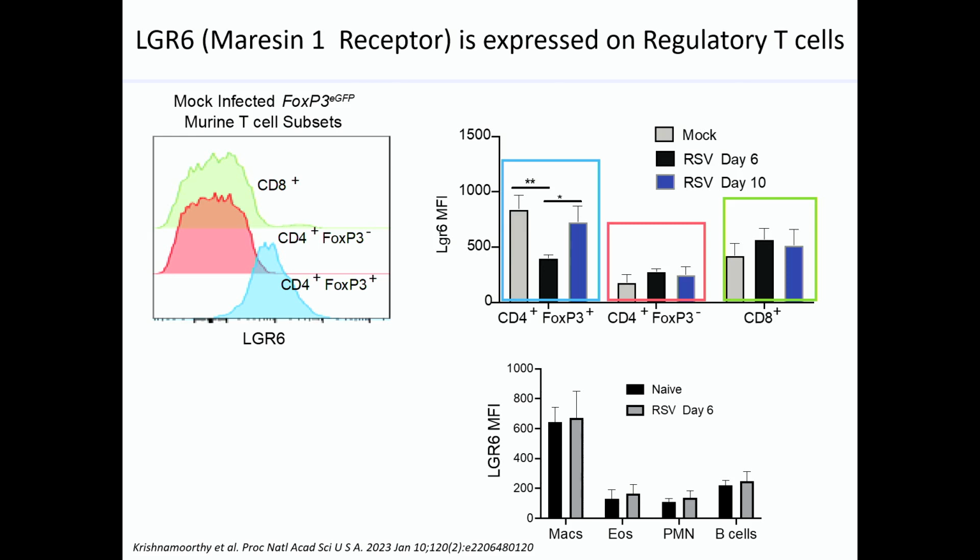So there were low levels of other CD4s and CD8s expressing the receptor, but also mock infection to day 6 RSV to day 10 RSV, this was highly regulated by the RSV infection in regulatory T cells. You can see the pattern of expression in macrophages and other leukocytes here at the bottom.